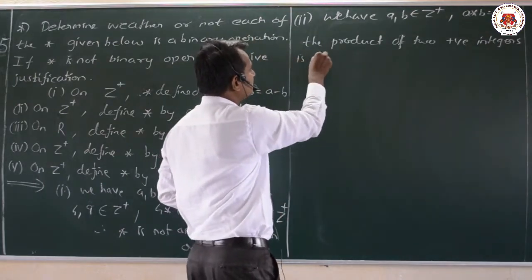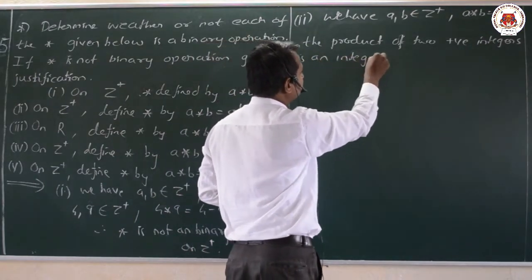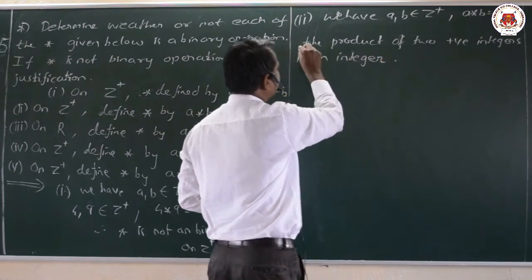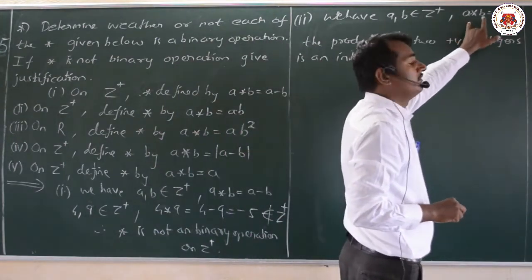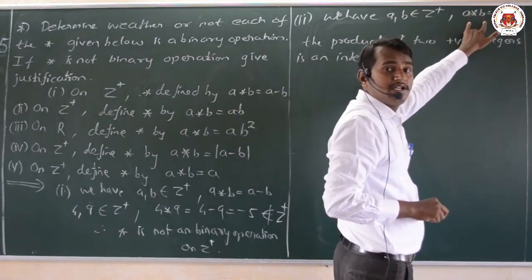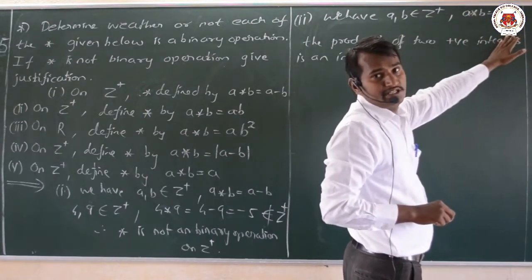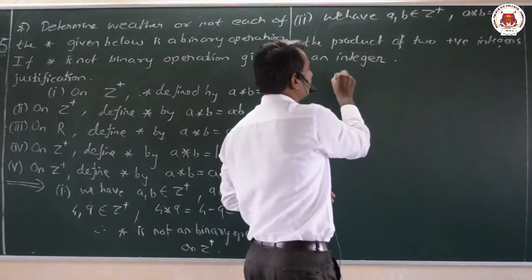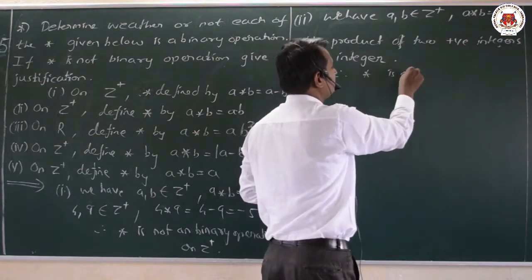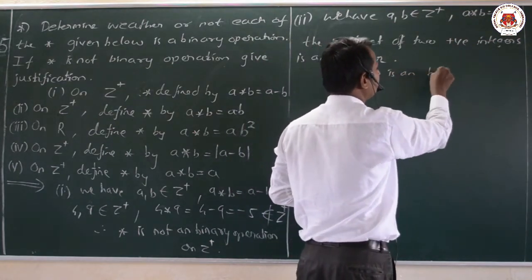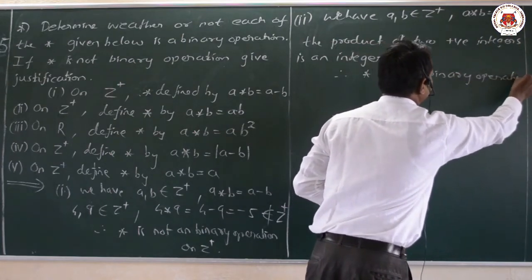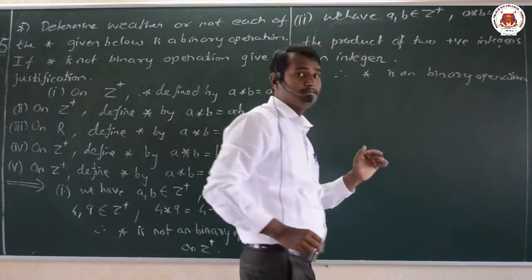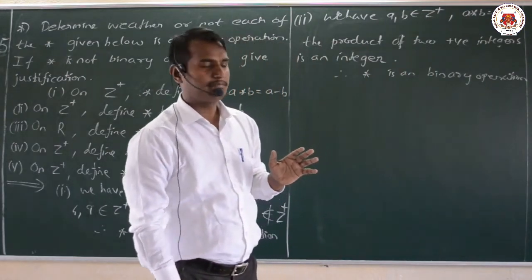So you can take any two positive integers, 4 comma 5 or 7 comma 5, again it will yield a positive integer itself. Therefore star is a binary operation. Very simple topic it is.